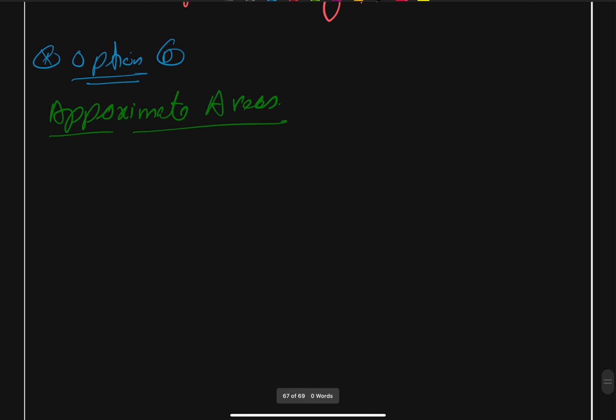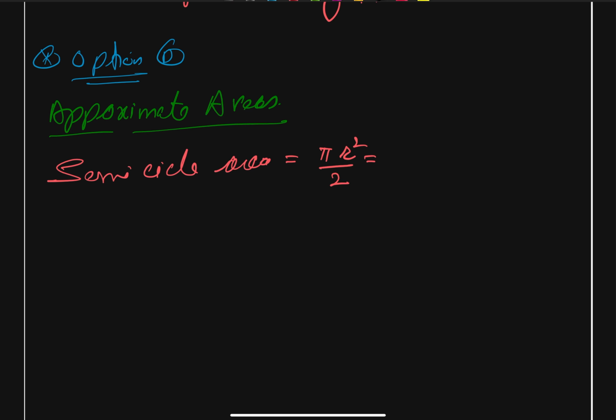So we have a semicircle, and the semicircle area is pi r squared upon 2, and the radius is 1, so this comes as pi upon 2, which is approximately equal to 1.57.